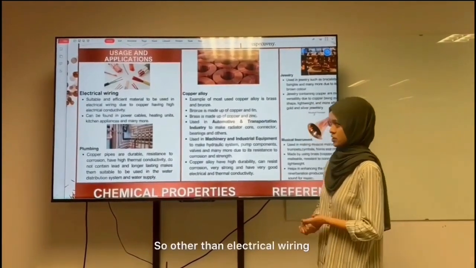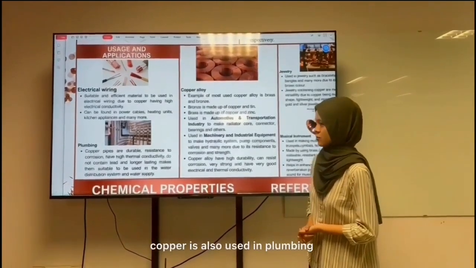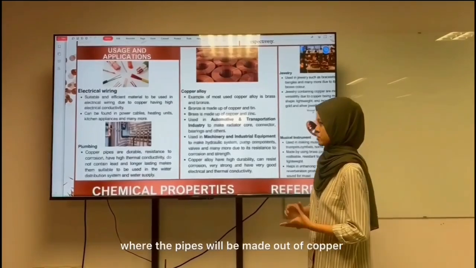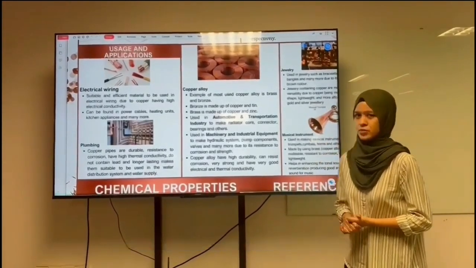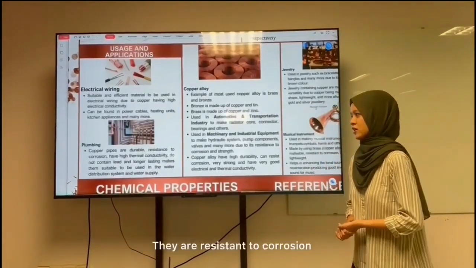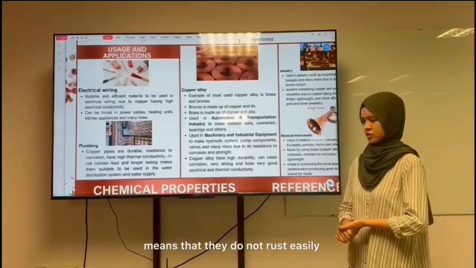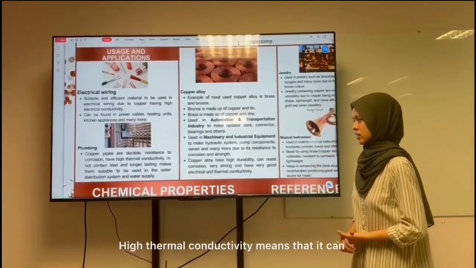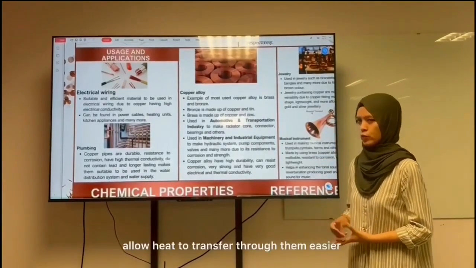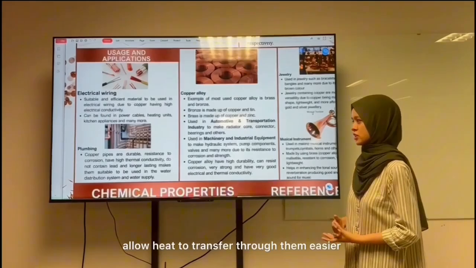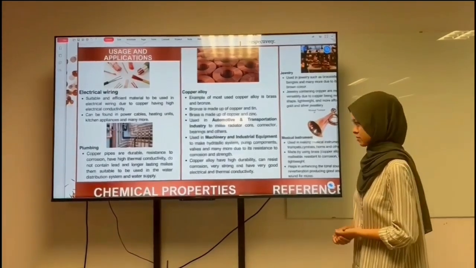Other than electrical wiring, copper is also used in plumbing, where the pipes are made of copper. This is because copper pipes are more durable, meaning they can withstand high pressure. They are resistant to corrosion, meaning they do not rust easily. They have high thermal conductivity, meaning they allow heat to transfer through them more easily.